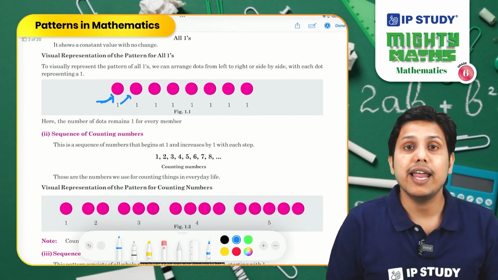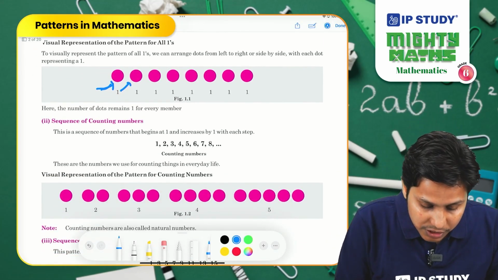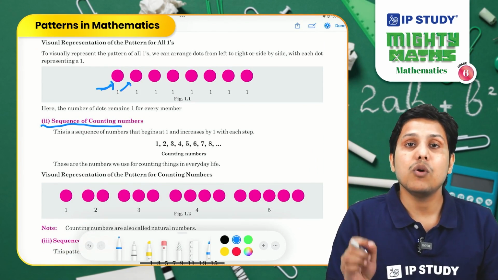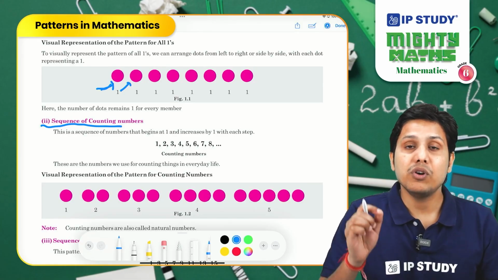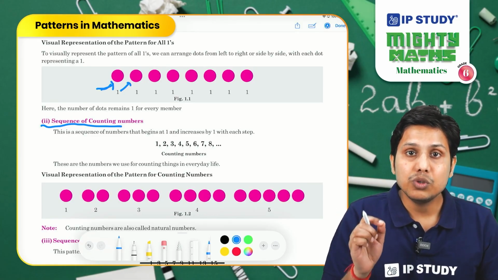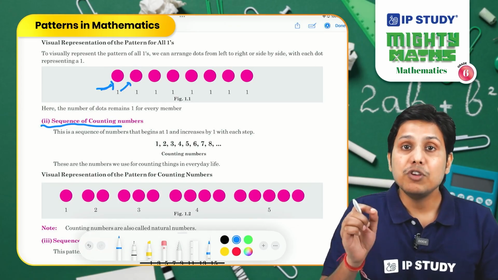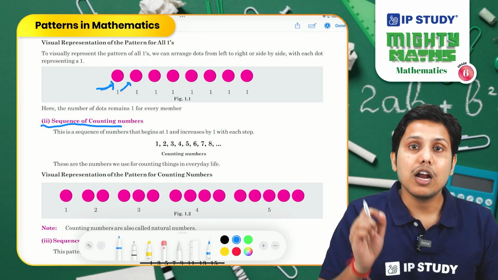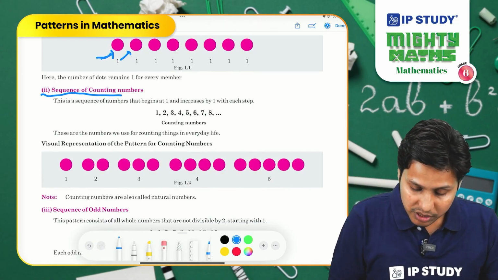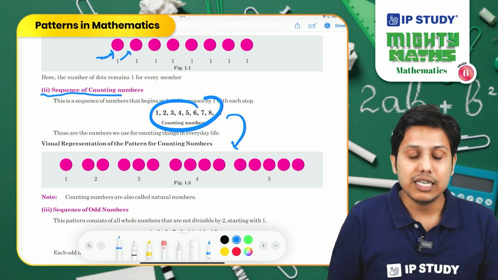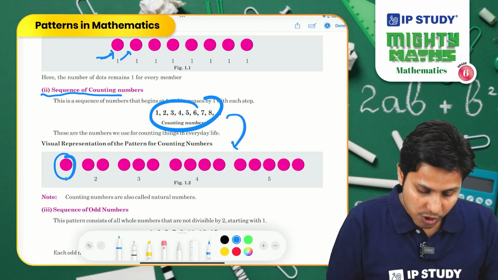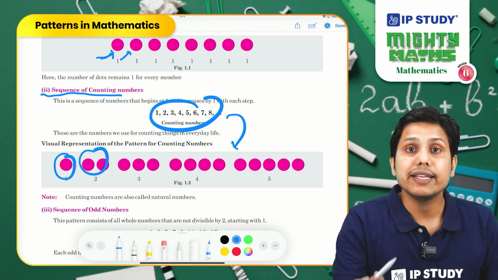Let's move to the next topic, and the topic is sequence of counting numbers. We already know what is a counting number, which is also known as natural numbers. Students, the numbers 1, 2, 3, 4, 5 and so on, which are used to count objects, are called counting numbers. Students, we can represent these counting numbers in the form of visual representation like this. 1 dot for the first member, that is 1. 2 dots to represent second member, that is 2.